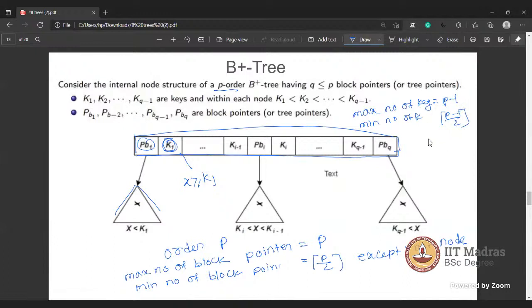This is the internal node structure. It does not have record pointers.